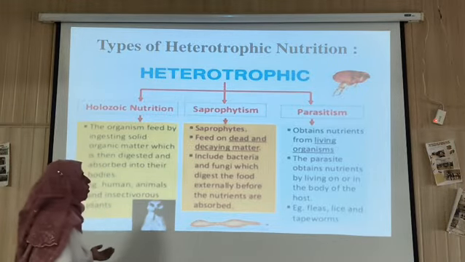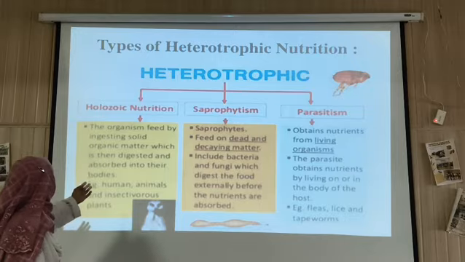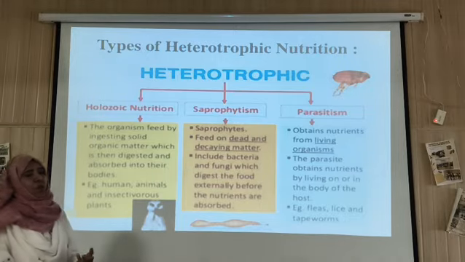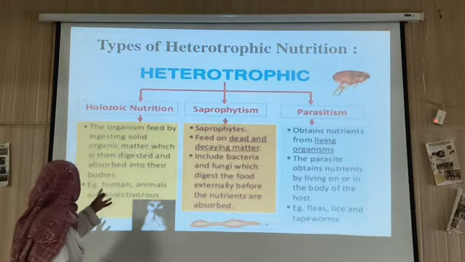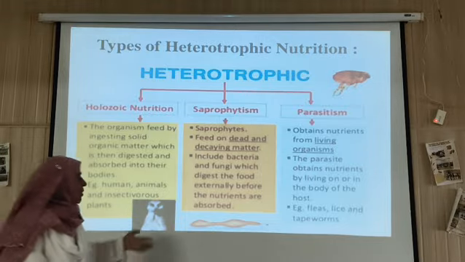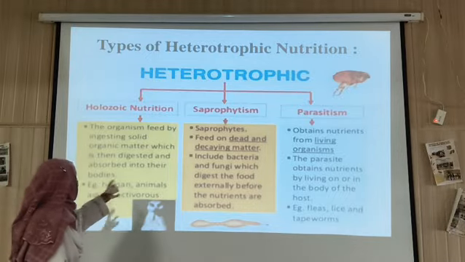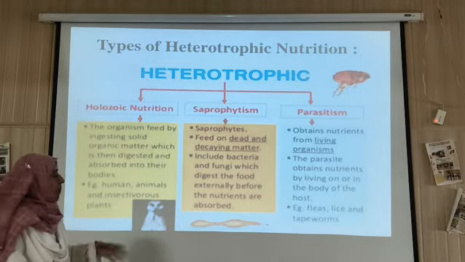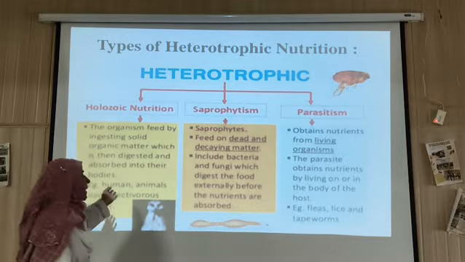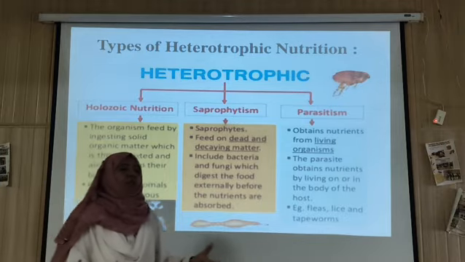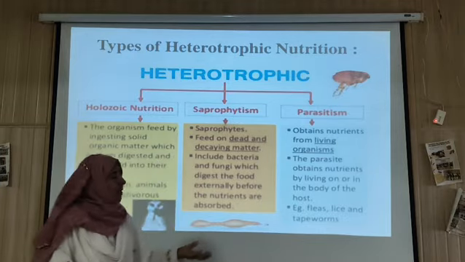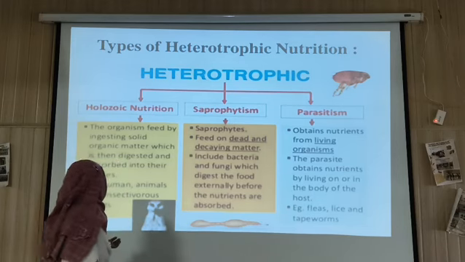Another type of heterotrophic mode of nutrition is called holozoic mode of nutrition. It is one of the most important modes of nutrition by which organisms obtain their food from other living organisms. They either eat up the whole organism or they eat up parts of that organism.